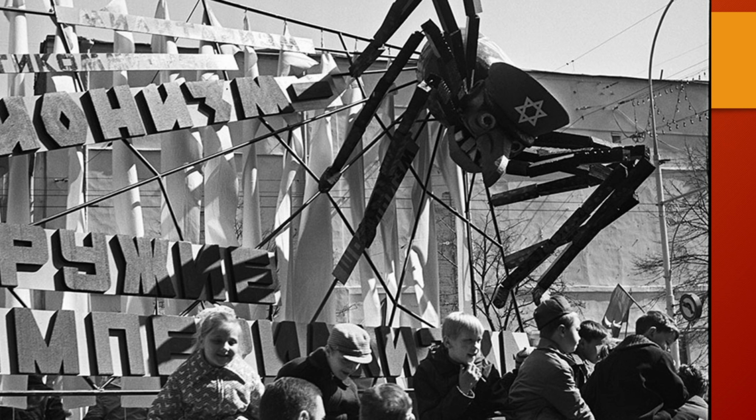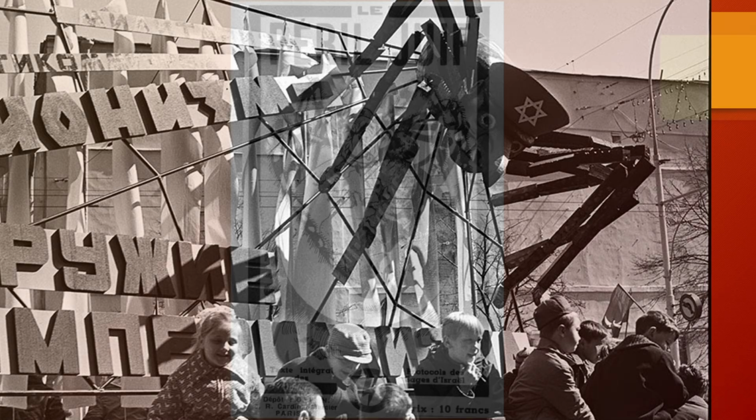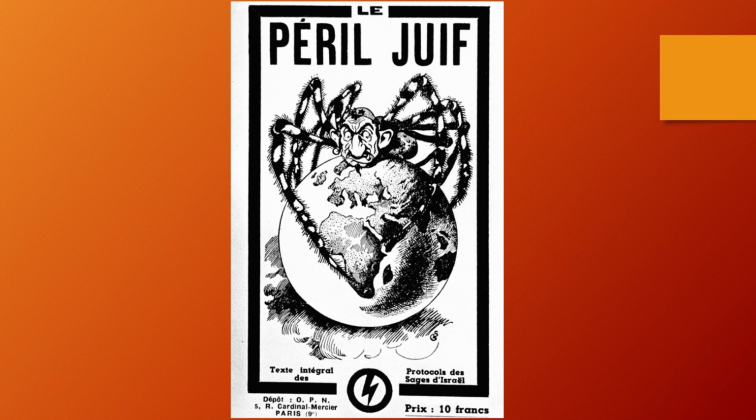And what are we seeing? We're seeing a spider with a big nose and a Star of David. And you might think that this is an anti-Semitic presentation because it might remind you of this presentation, which is a cover of the 1920s or so edition of the Protocols of the Elders of Zion. In this case it's a communist, Bolshevik spider that's hugging the world and wants to consume it and control it.